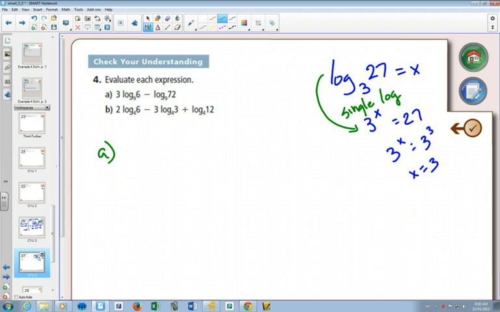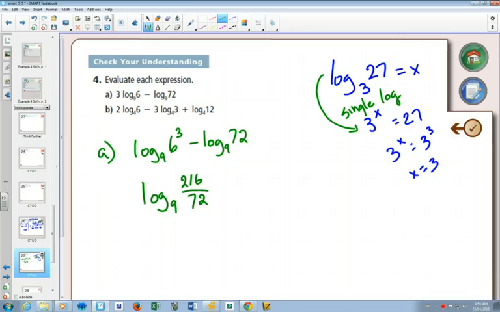So here, the 3 out in front, because we can't combine subtracting until it's a log minus a log, because that's what our log law says. And now 6 cubed is equal to 216 divided by 72.